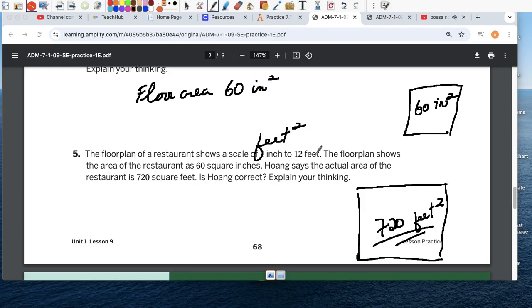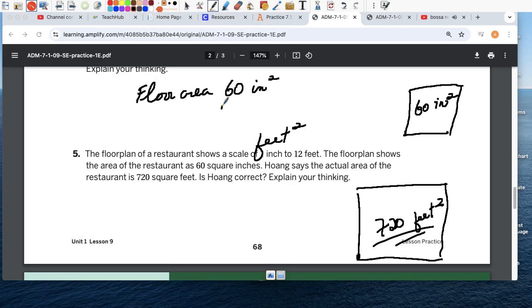Yeah? So they're telling us that each inch is 12 feet in real life. So we're going to change the inches here.